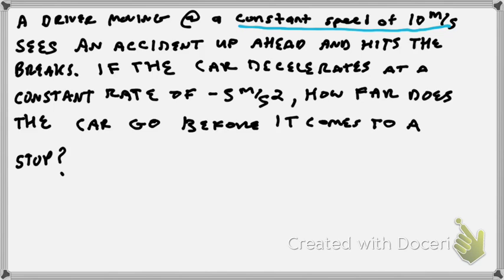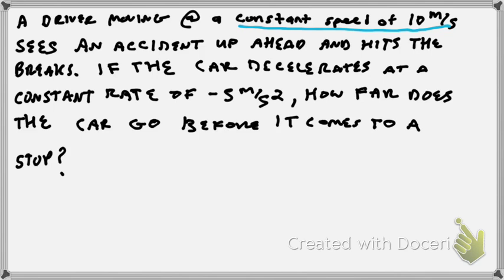All right, so let's write down all the variables we have here, right? So like we said, we have a constant speed of 10 meters per second. So his initial velocity was 10 meters per second, right? And he sees an accident up ahead and hits the brakes.